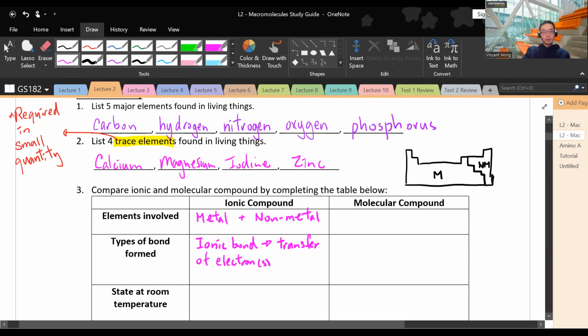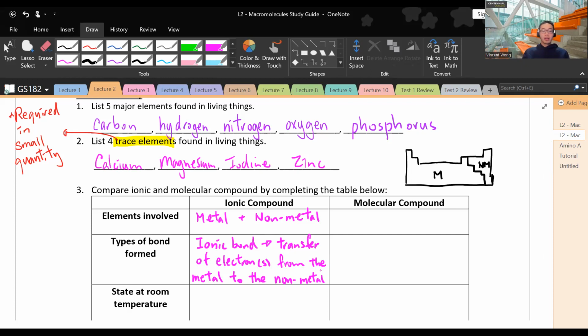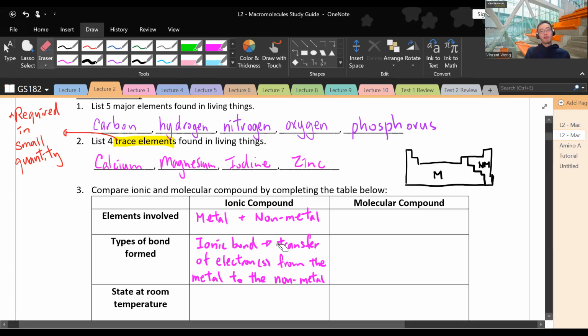It could be more than one, from the metal to the non-metal. Okay, so for reasons we're not going to go into, metals, they don't really like electrons. They love to give them away. And for non-metals, they love to take on electrons. So they are a perfect pair. The metal and the non-metal will come together and you transfer the electron, forming an ionic bond.